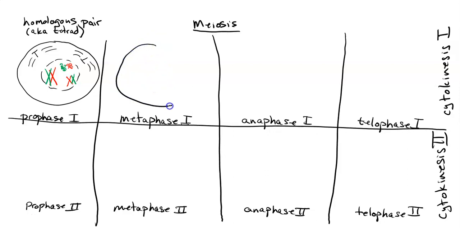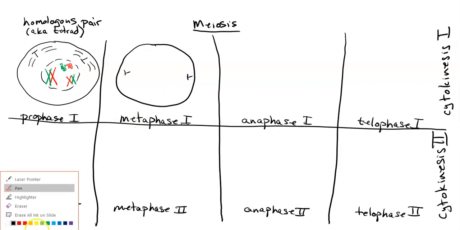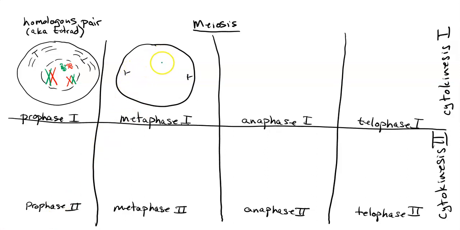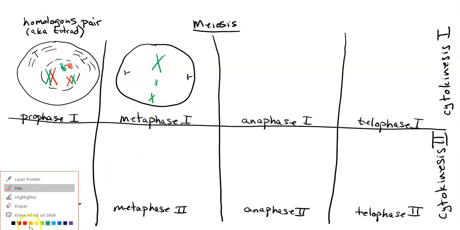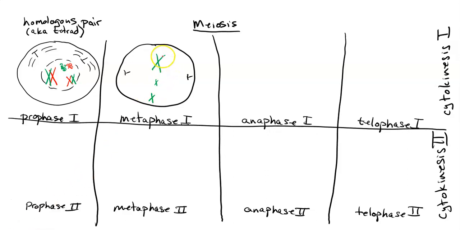In meiosis, we've got our cell membrane. We have our centrioles that have made it to the poles. Now this is where things become a little bit different. We have our large and our medium and our small green chromosome that line up, but they don't line up single file like they did in mitosis. They actually line up in homologous pairs, but they don't line up with all the red ones on one side, all the green ones on the other side.